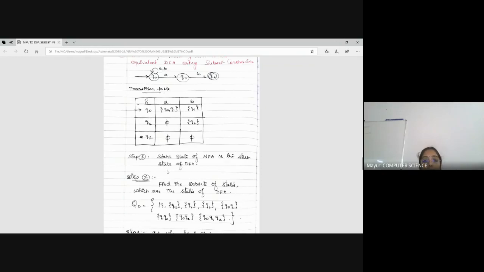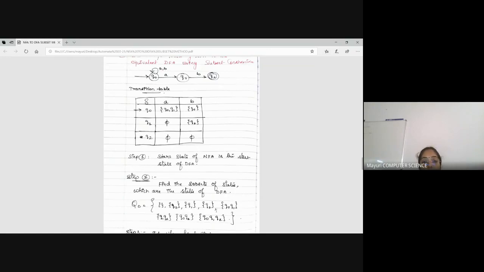Then I know the states of the NFA. What are the states of the DFA? I already told you. Since it's the subset construction method, Q0, Q1, Q2 are the states of the NFA. Get the subsets of them, 3 states. Those are the states of your DFSM.